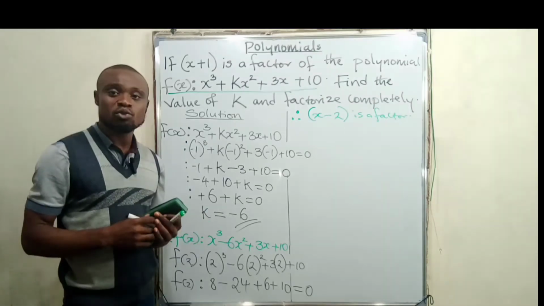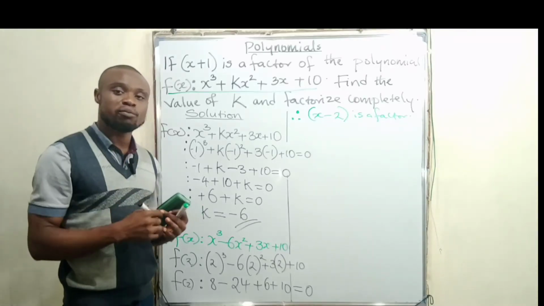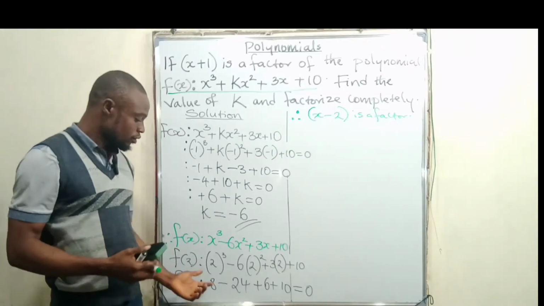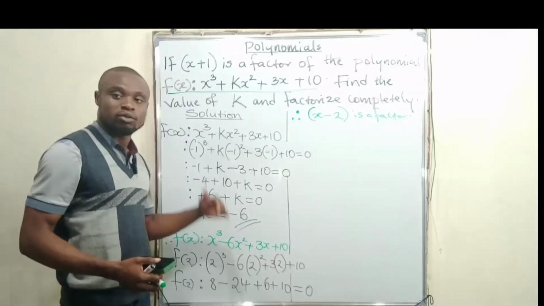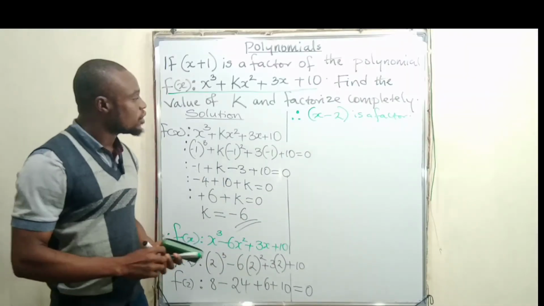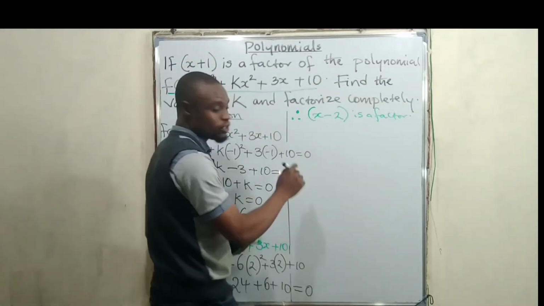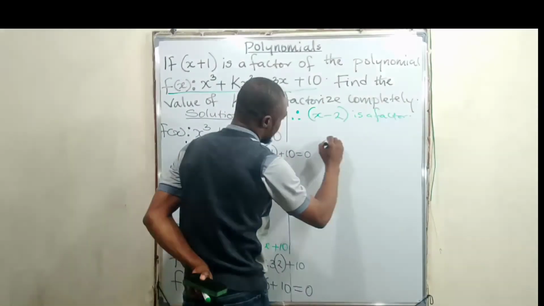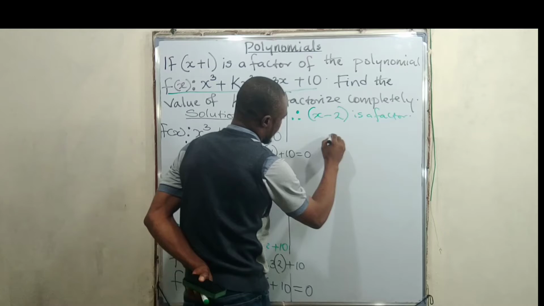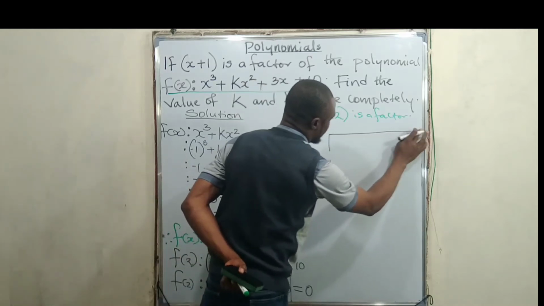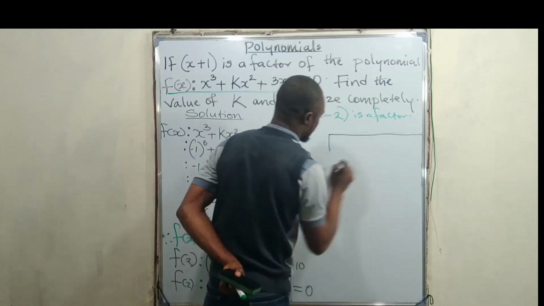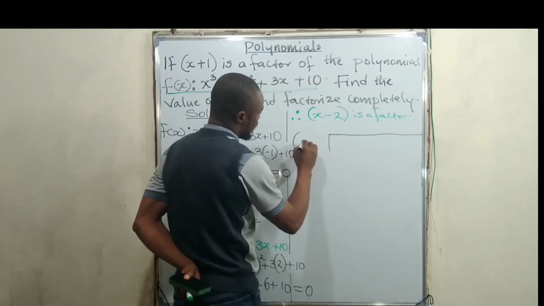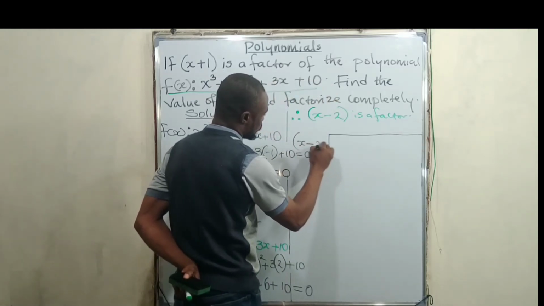So the next thing we're going to do is to use the long division method to break this polynomial expression, reduce it to a quadratic expression. So using this as our factor, we'll draw a line here just like our long division method, and we'll put our factor here, x minus 2.